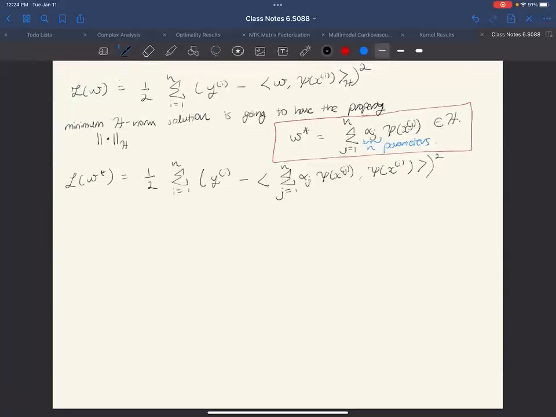Now it's kind of clear what we're going to do: the standard trick with the inner product. We use linearity of the inner product to expand out these terms. So this is the sum over j equals 1 to n of alpha_j, and I can even pull this out, times the inner product of psi of x_j with psi of x_i.